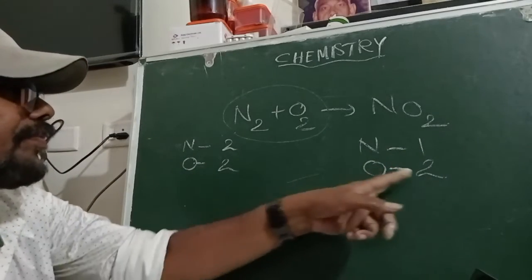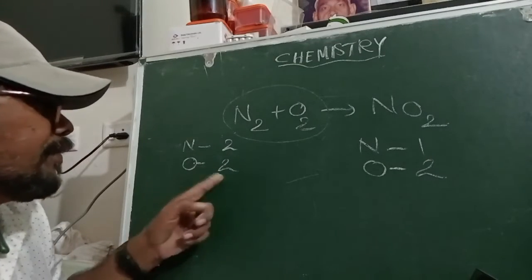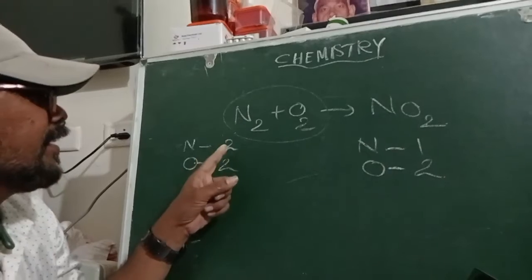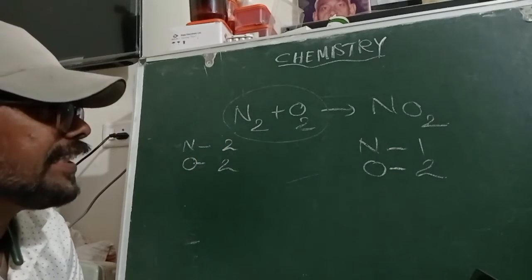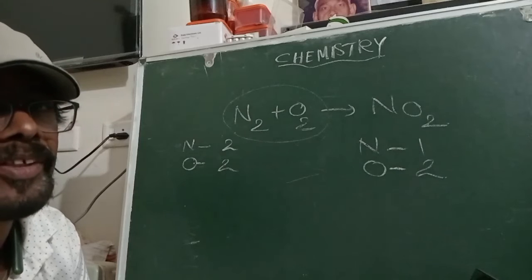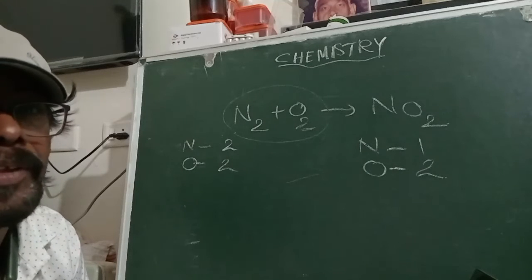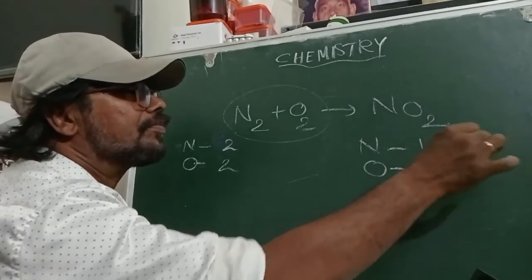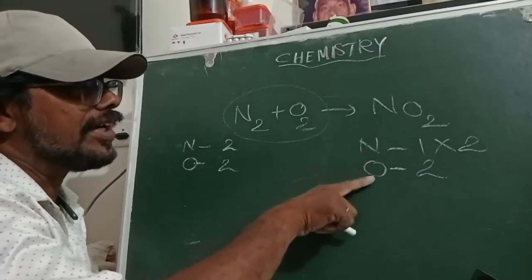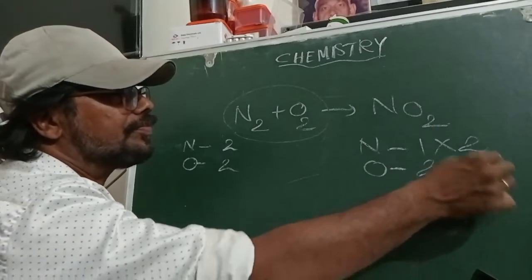So the oxygens are balanced now. Nitrogen is 2 in the reactants, it is 1 in the product. So we have to raise the number of nitrogen atoms to 2. To raise the number of atoms, we have to multiply, not add. So multiply the nitrogen with 2. Since nitrogen and oxygen combine together here, we have to multiply the oxygen also with 2.